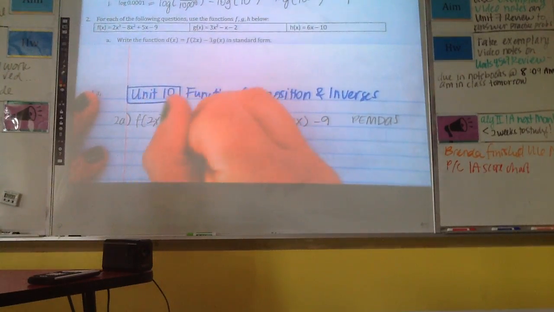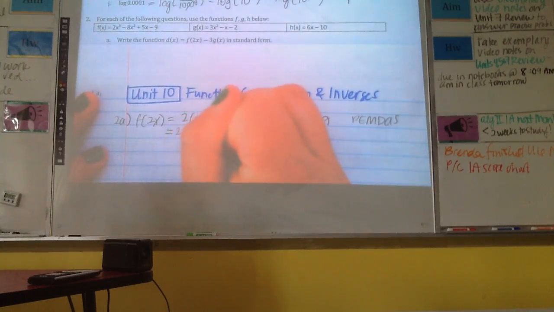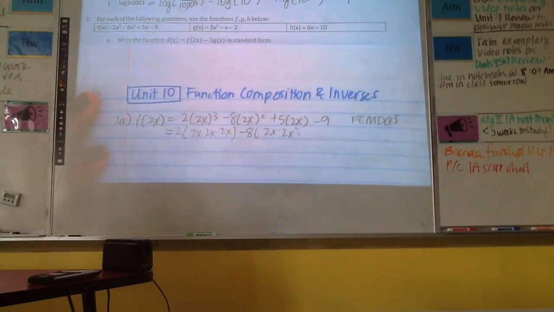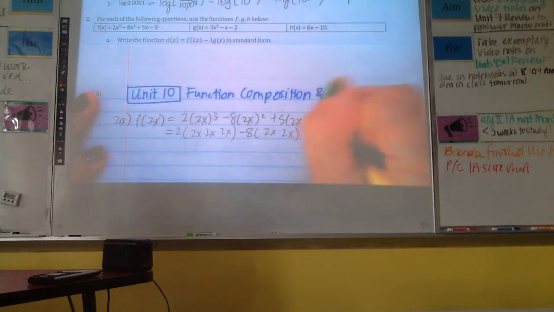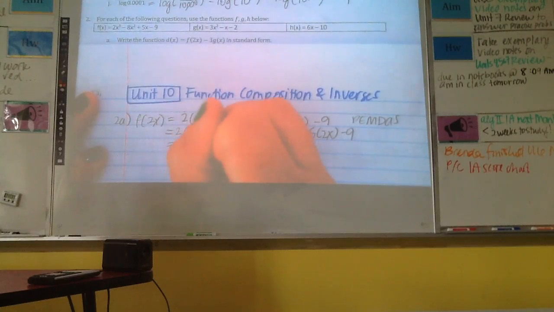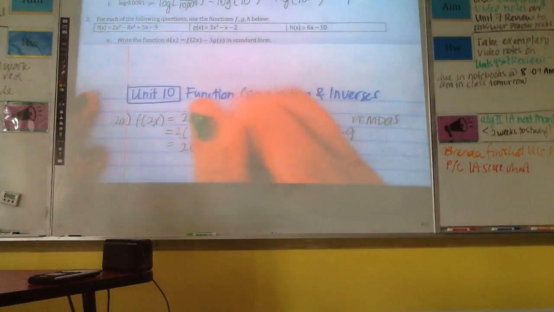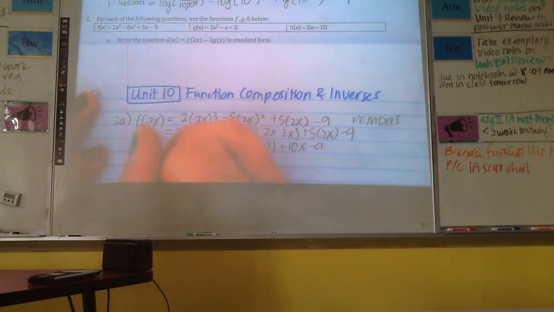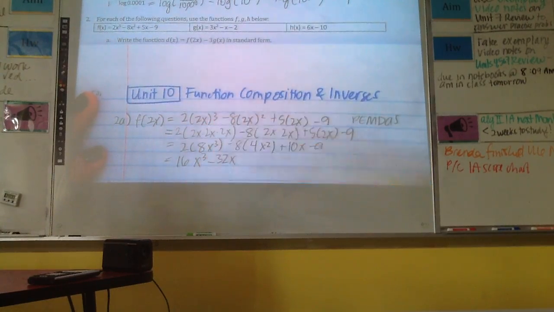That means 2 times 2x times 2x times 2x minus 8 times, you guessed it, 2x times 2x plus 5 times 2x minus 9. We have 2 times 8x cubed minus 8 times 4x squared plus, we can multiply this, 10x minus 9 gives us 16x cubed minus 32x squared plus 10x minus 9.